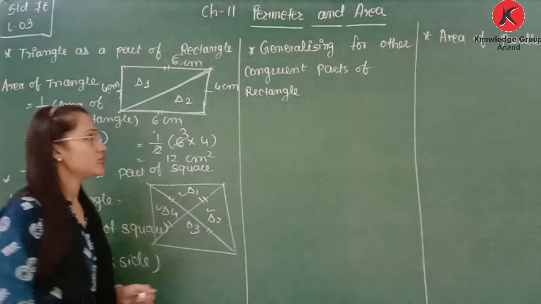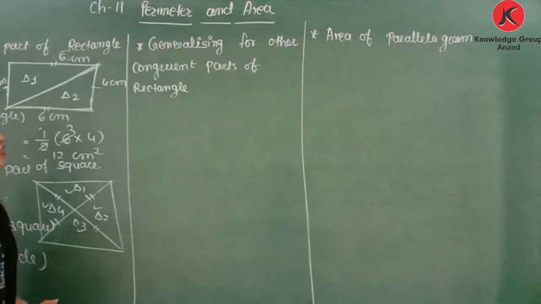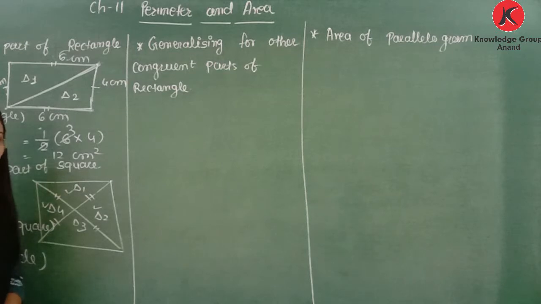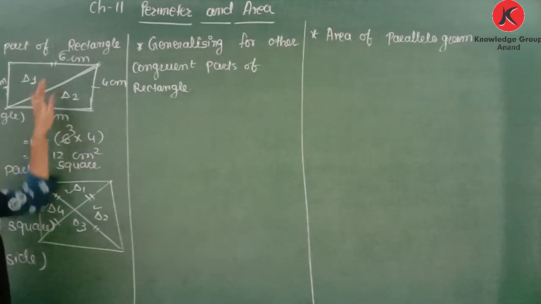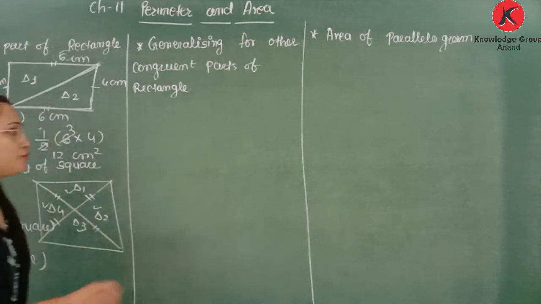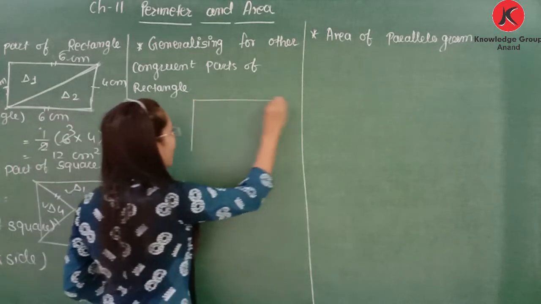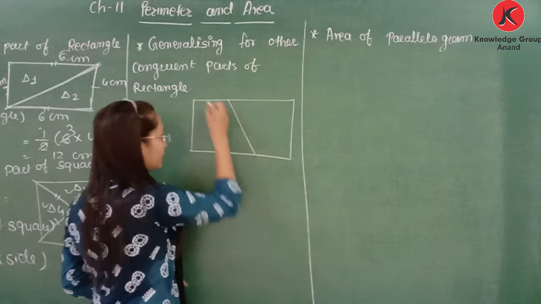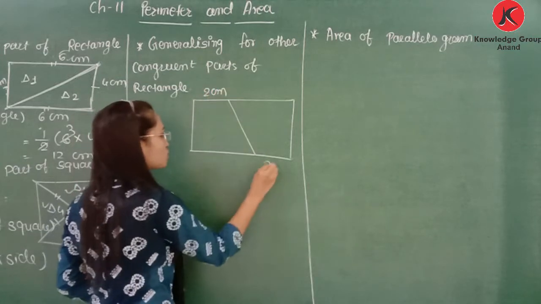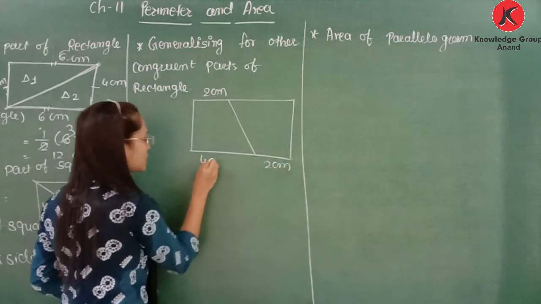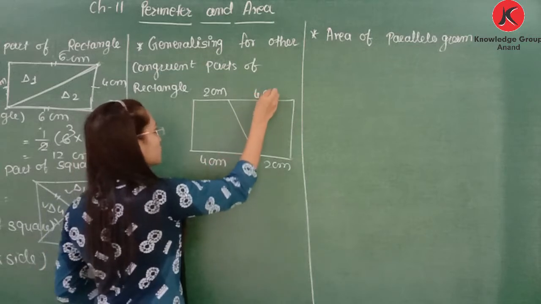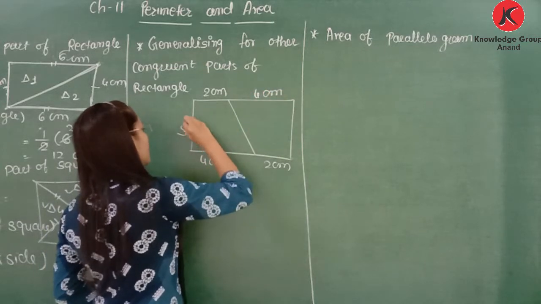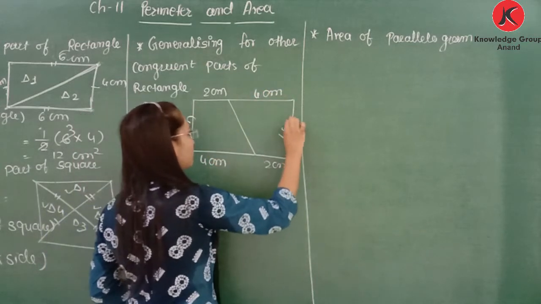Clear? Now next. Now generalizing for other congruent parts of a rectangle. It is not necessary that it is always divided into triangles. If we draw a rectangle and divide it in such a way that two parts are congruent. For example, this is 2 centimeter and this is also 2 centimeter. This length is 4 centimeter and this is also 4 centimeter. This is 4 centimeter and this is 4.